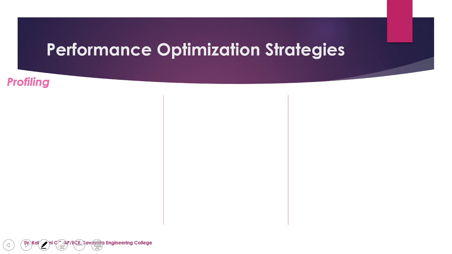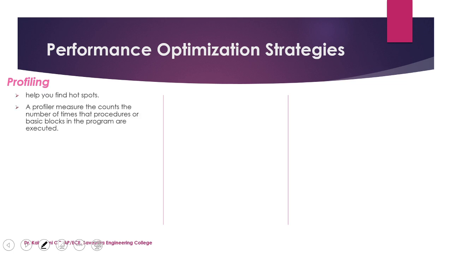Next is the performance optimization strategy. We are looking at 3 strategies. One is profiling. Profiling is to find the hotspot. How to find the hotspot, and what is the hotspot? One way is dealing with the execution time. The other way is, instead of finding the execution time, we can find how many times a single line is executed in the program.